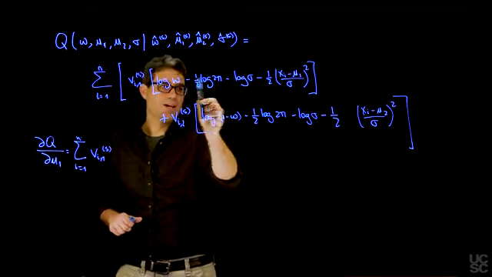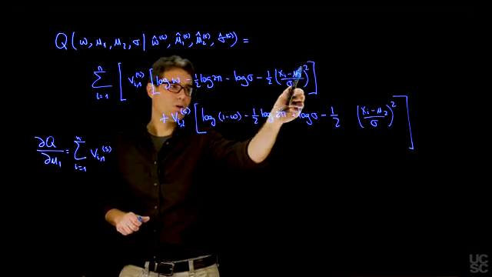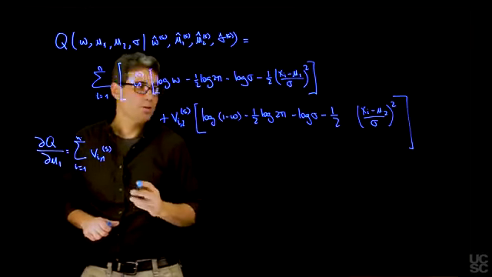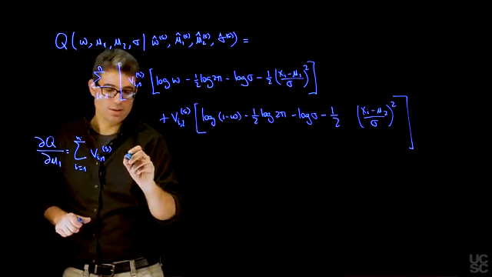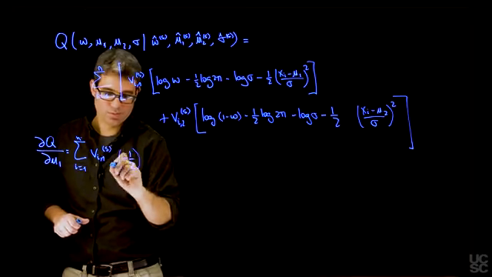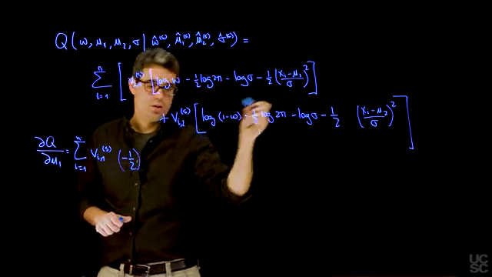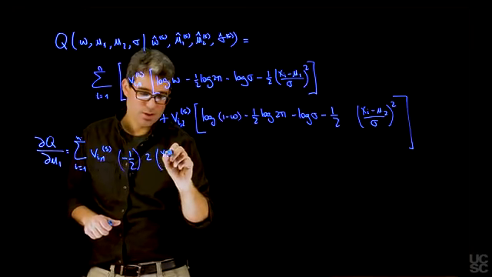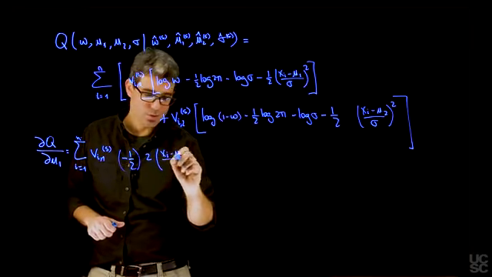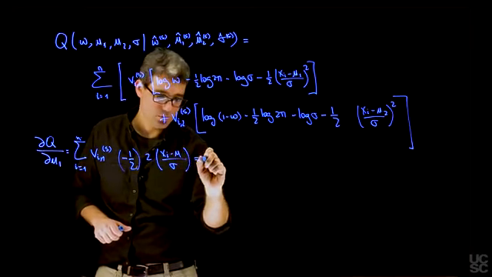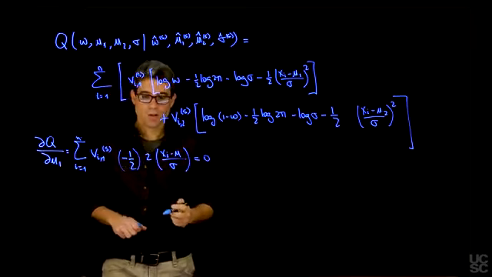And now inside here, the only term that depends on mu1 is this term here. And down here, there is nothing that depends on mu1. So what we get is minus 1/2, times 2 from the exponent, times xi minus mu divided by sigma. And we need to make this equal to 0.